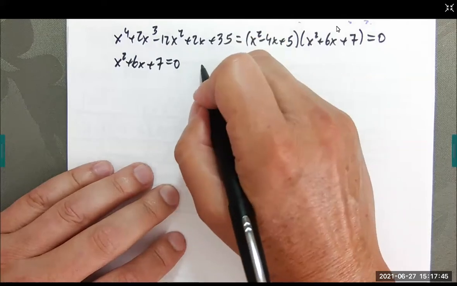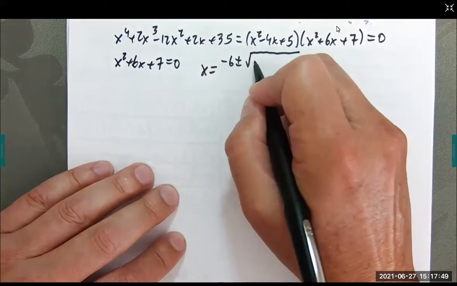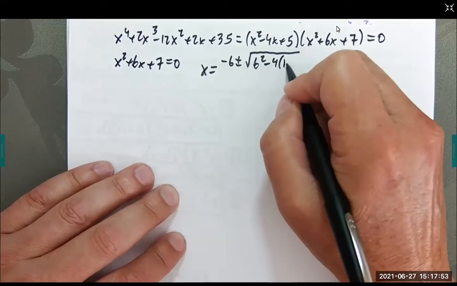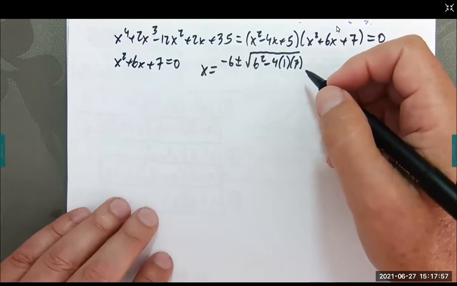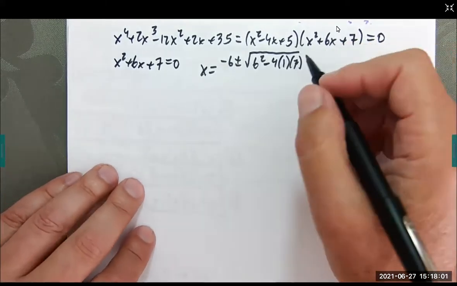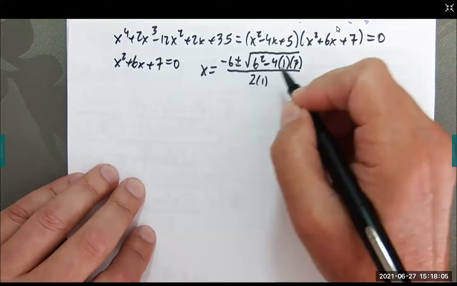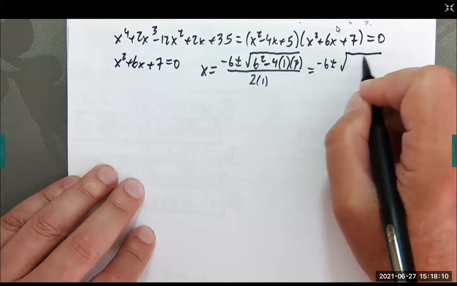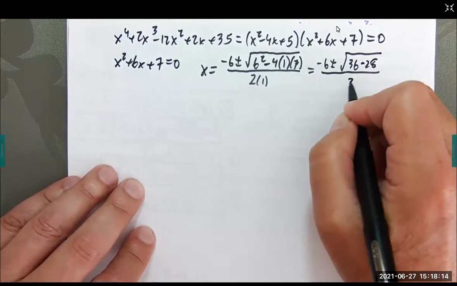So x equals -6 plus minus the square root of 6 squared minus 4 times 1 times 7, over 2 times 1. -6 plus minus square root 36 minus 28, over 2.